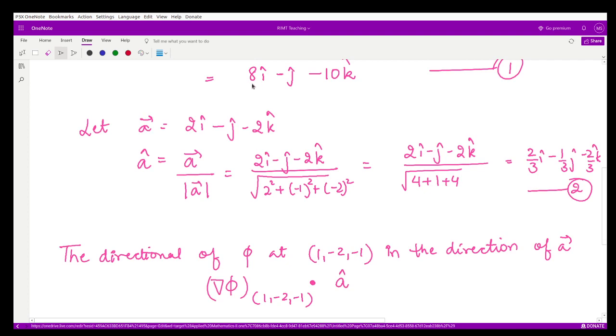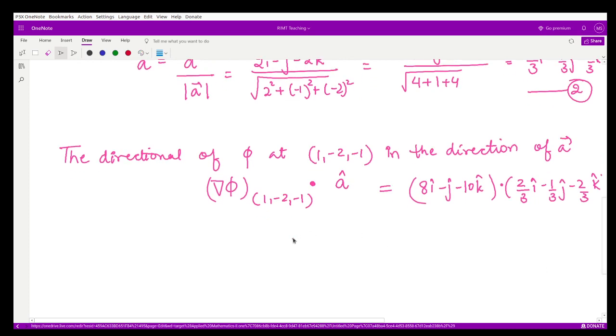So we have this first as 8 i cap minus j cap minus 10 k cap, dot product with another vector, this one: 2 by 3 i cap minus 1 by 3 j cap minus 2 by 3 k cap. When you take the dot product, this would be equal to 16 upon 3 plus 1 upon 3 and then plus 20 upon 3. So this would finally become equal to 37 divided by 3. So this is the value of directional derivative in the direction of vector A.